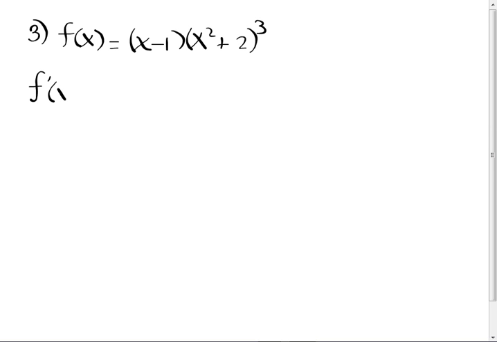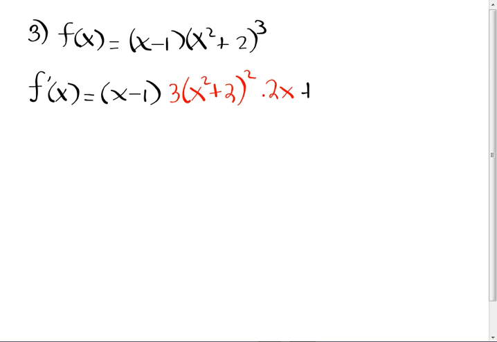It's x minus 1 times the derivative of the second one, which is 3, x squared plus 2 to the second power times the derivative of the inside, plus x squared plus 2 cubed times the derivative of the first one, which is 1.